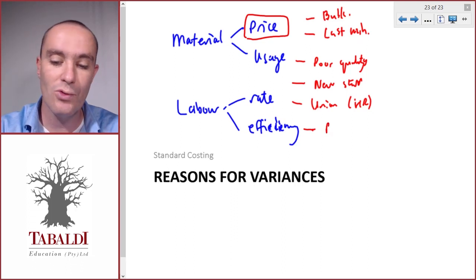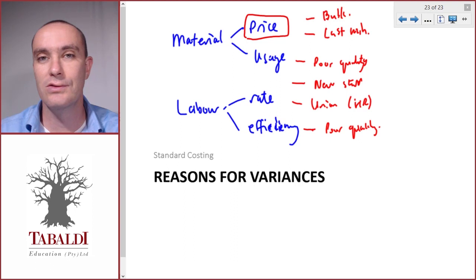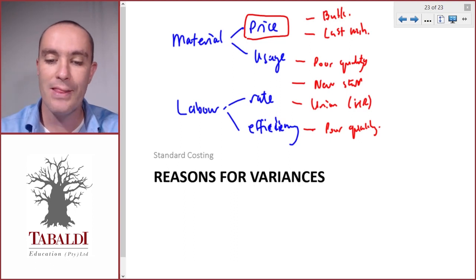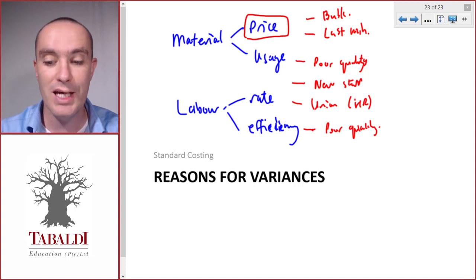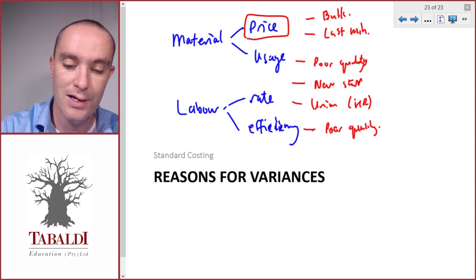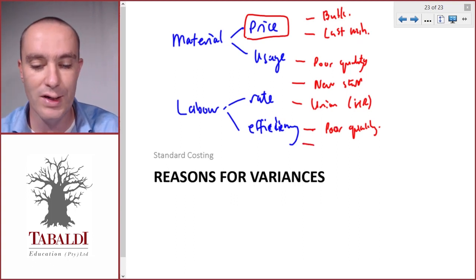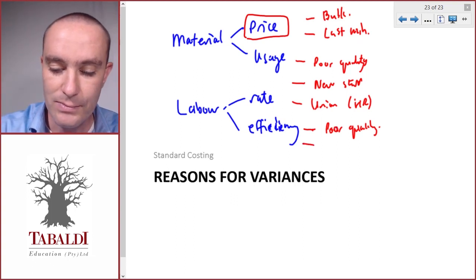And again, it could have been poor quality materials that they had to work with, so they had to do a lot of rework. That would probably show up in the usage variance and in the price variance. It could have been a favorable price variance because we saved buying poor quality materials. What other reasons for labor efficiency variance?